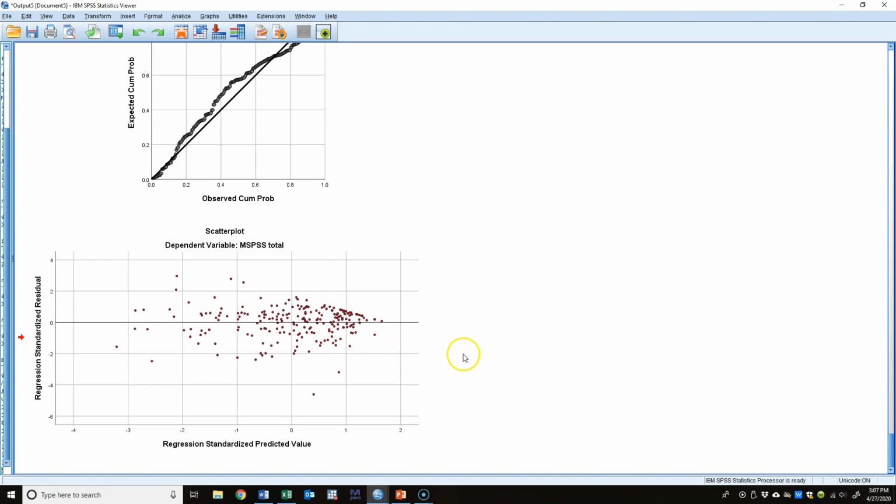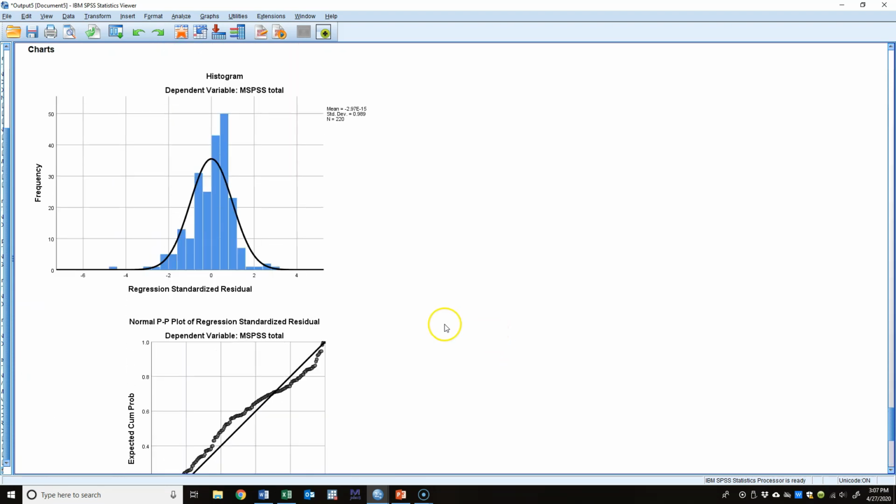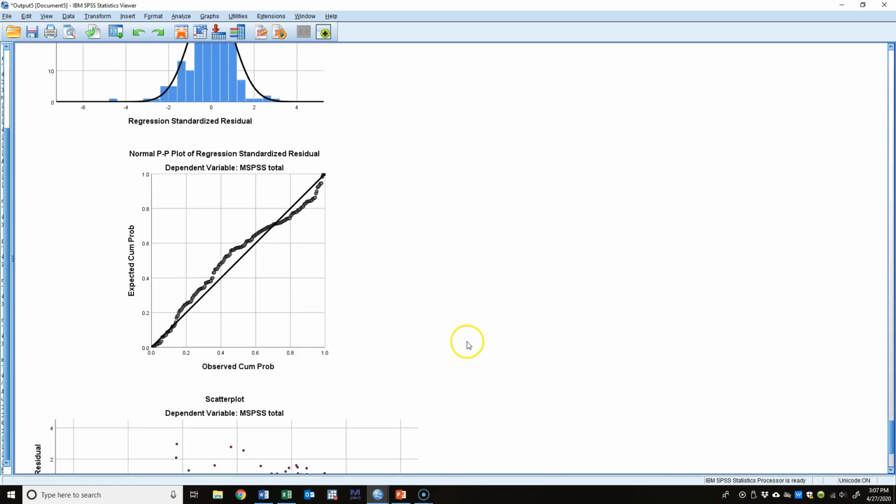Making a note of that, and then going up, I also want to take a look at the histogram of our residuals, our standardized residuals, which is what SPSS gives us. Looks like I've got a low value here, but overall my residuals seem to be fairly normally distributed, so that's good.